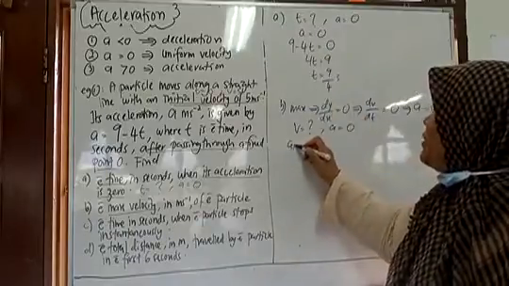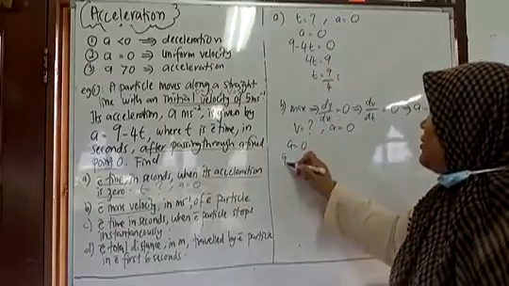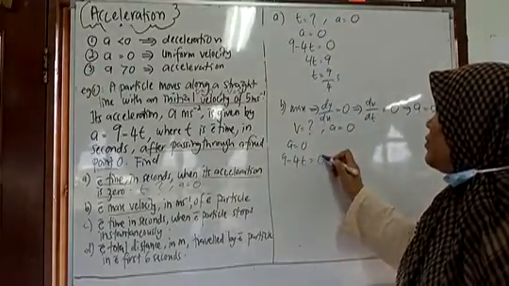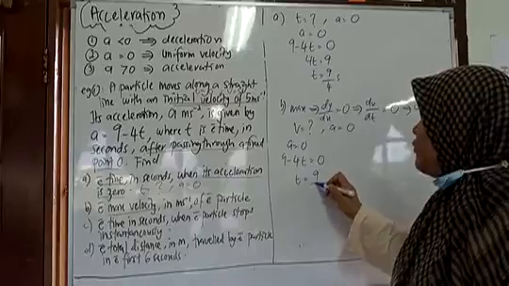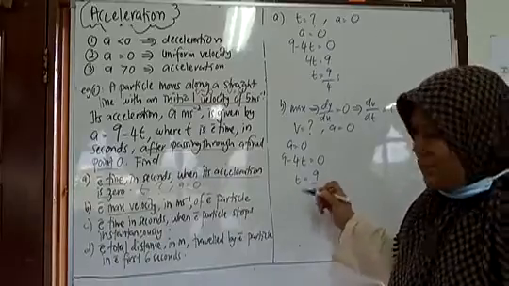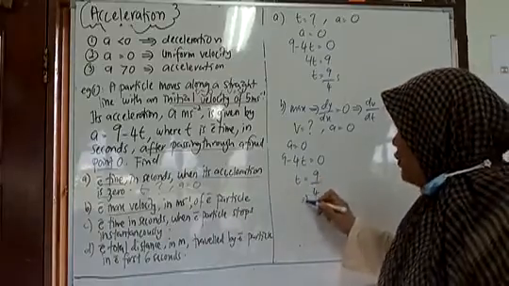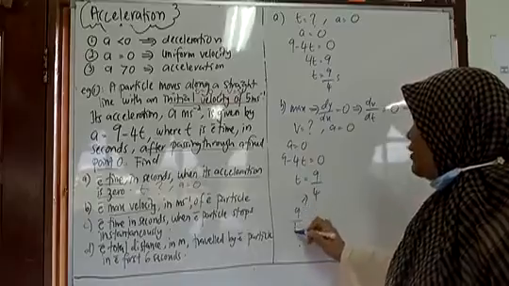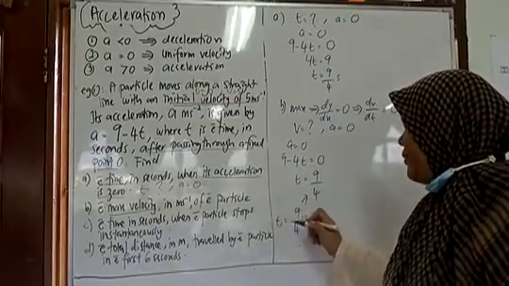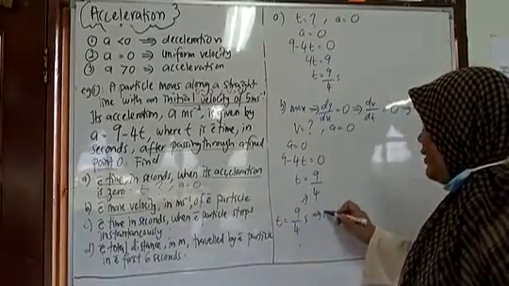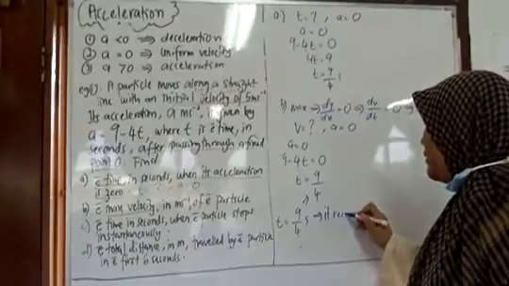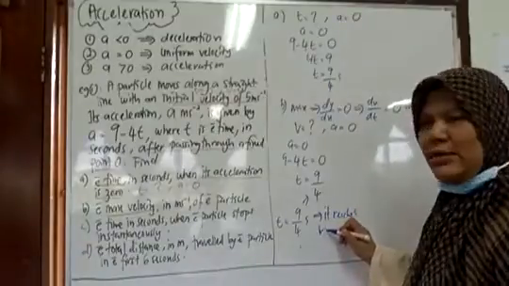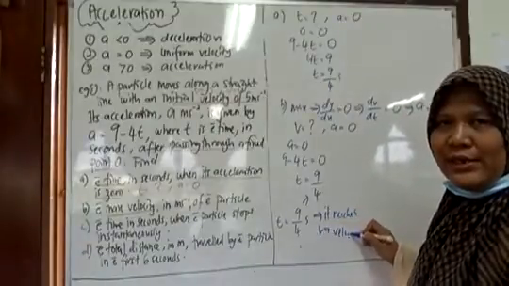When a is equal to 0, 9 minus 4t is equal to 0. So our t is 9 over 4. So what does this mean? It means that when t is 9 over 4 seconds, it reaches maximum velocity.